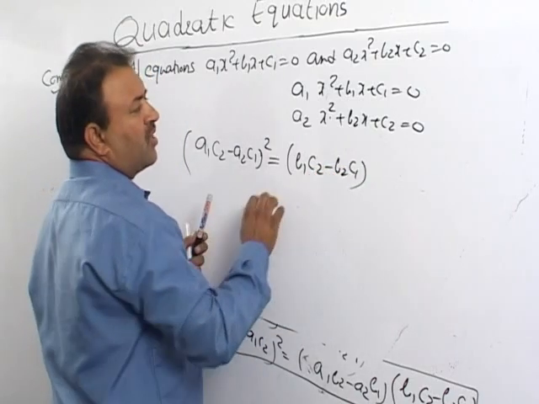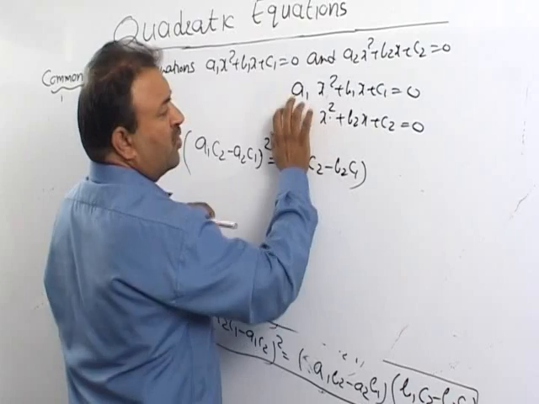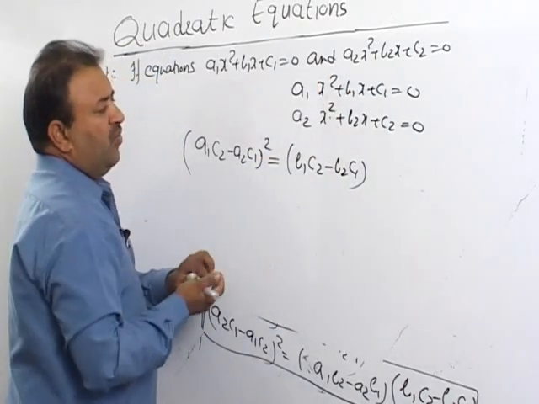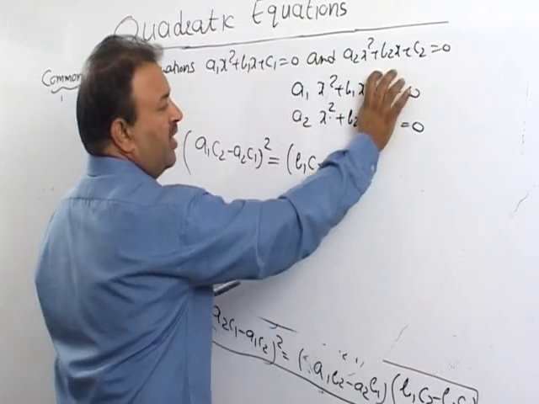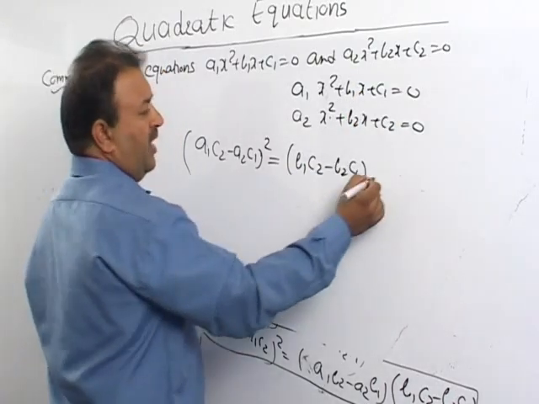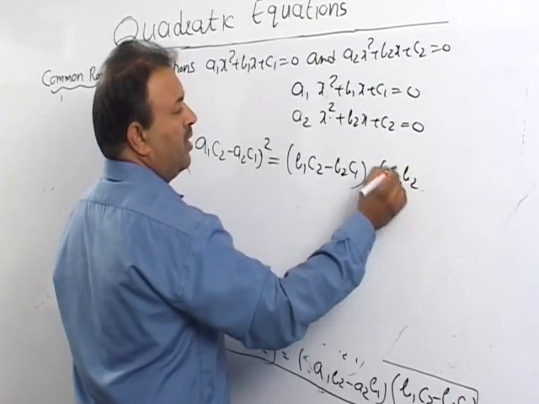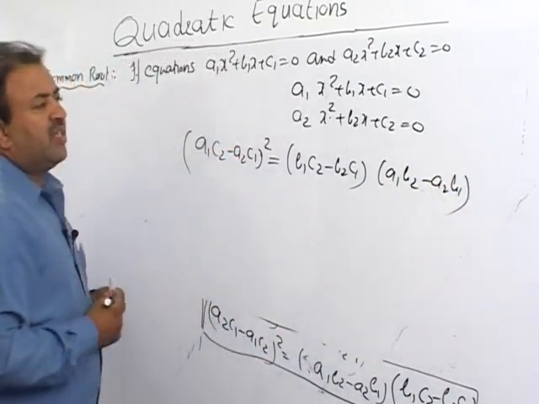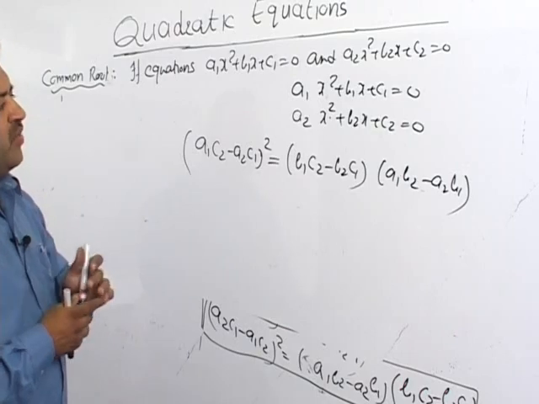Then we keep a finger over the last term, and we get A1 B2 minus A2 B1. The things are very easy if you take it again.